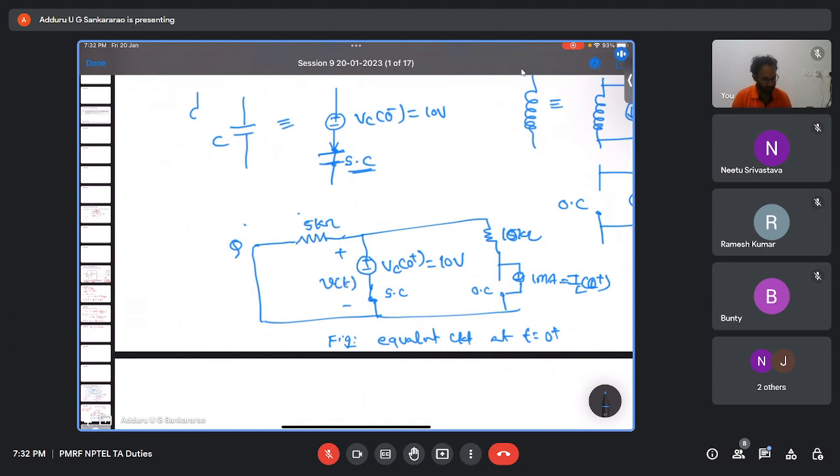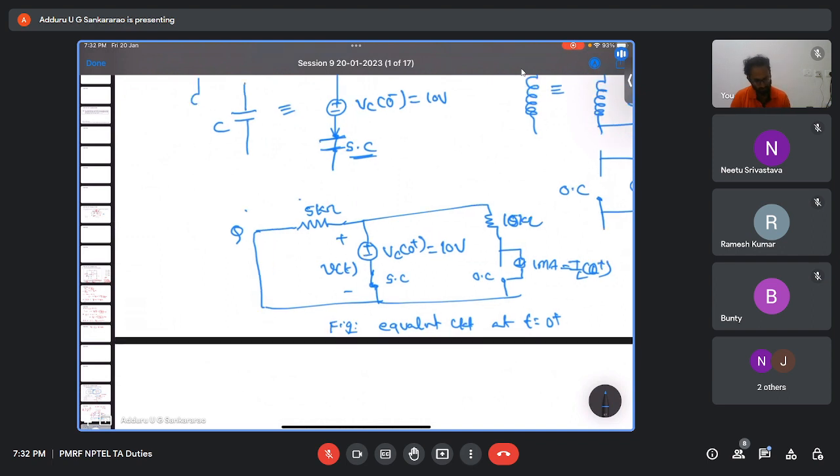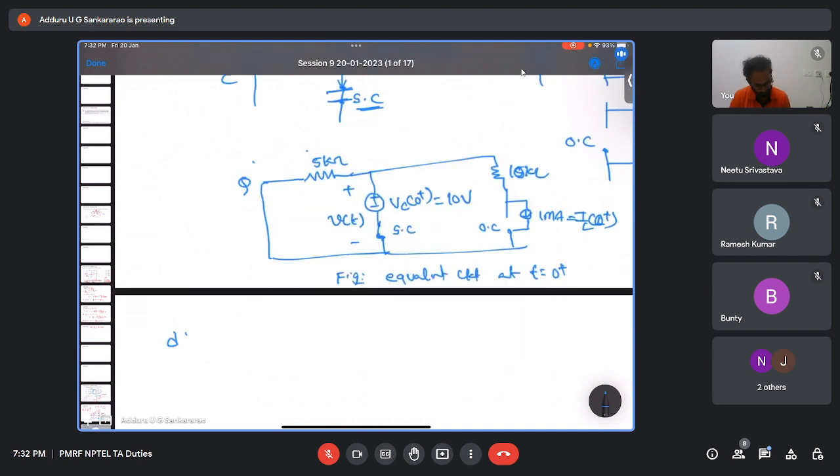If this is v of t, then they're asking what is dv of t by dt at t equal to 0 plus. That means dv of 0 plus by dt I want.